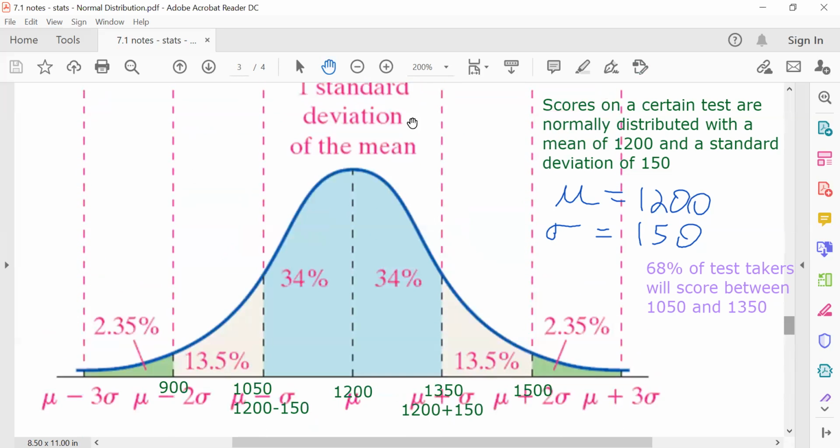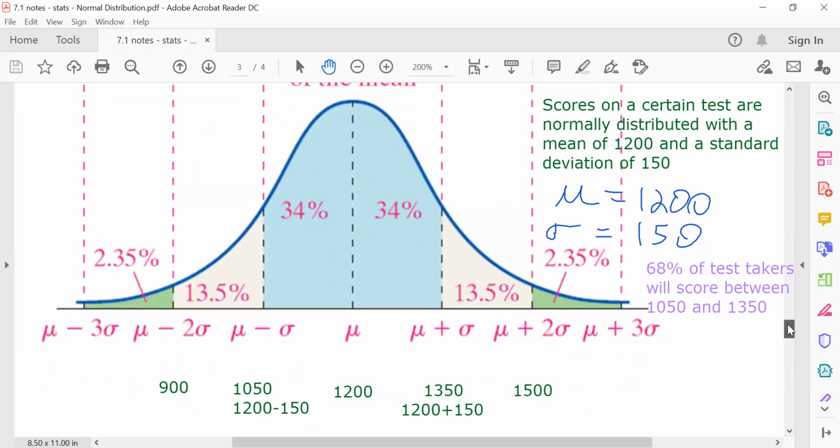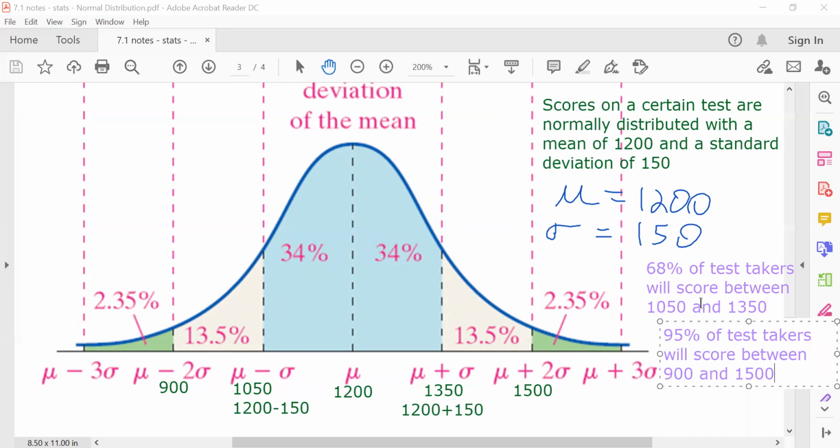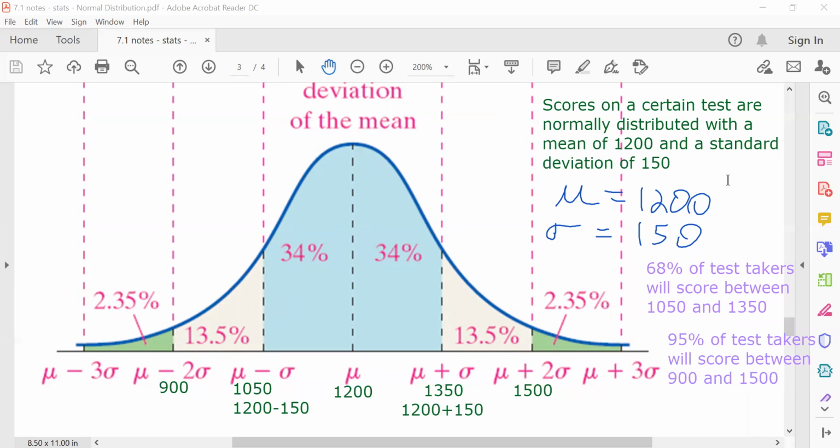So in turn, what we can say is this. 95% of test takers, let's do it in purple again, 95% of test takers will score between 900 and 1500. Just according to the empirical rule.